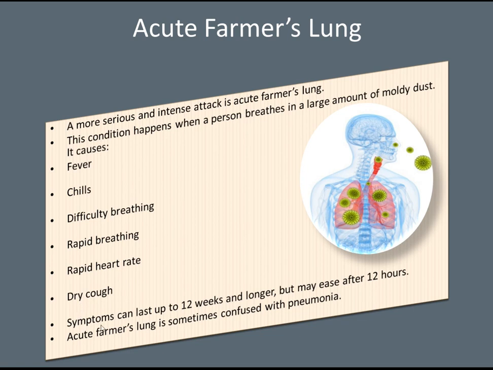These acute symptoms can last up to 12 weeks or longer, but may ease after 12 hours. So after 12 hours, normally these symptoms are reduced in severity, but these symptoms don't go off in total. This may last for 12 hours or maybe for some longer duration of time.